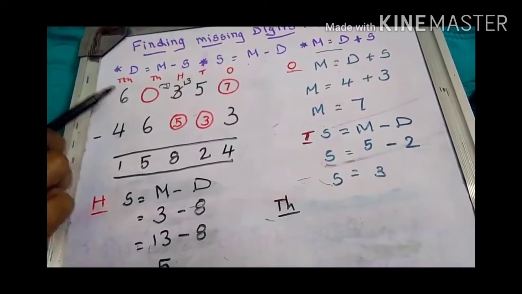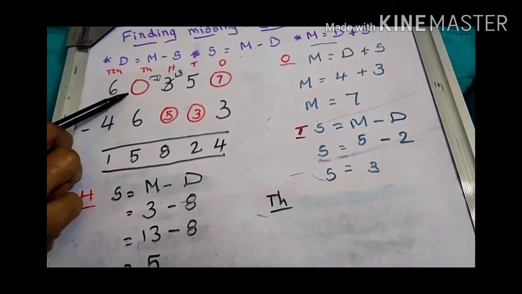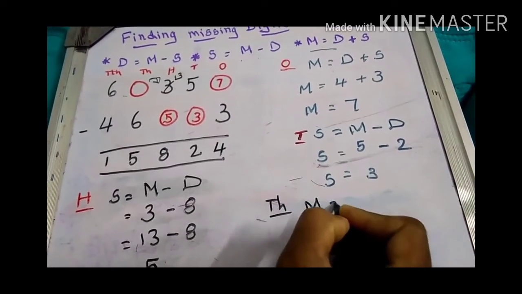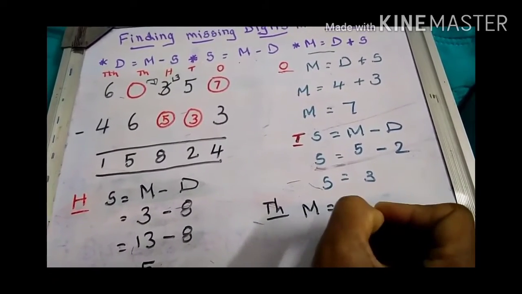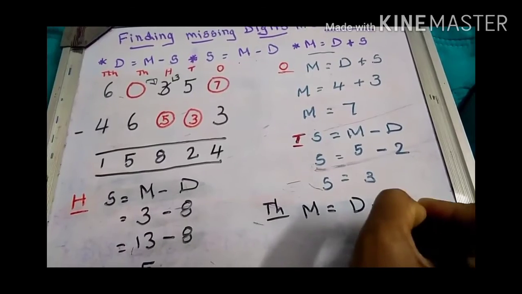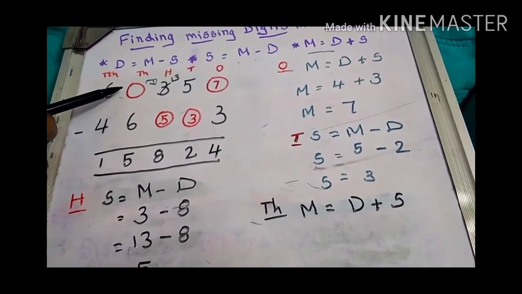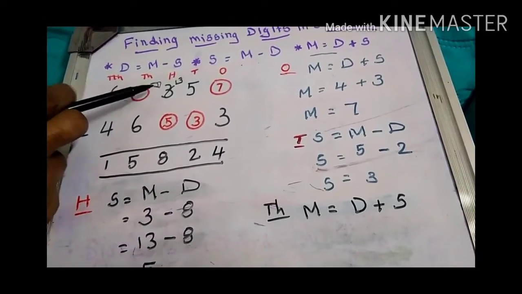Now in the 1000 place there is a 0, so take borrow from the next place. What are you finding now? You are finding the minuend. Minuend is equal to the difference plus subtrahend.